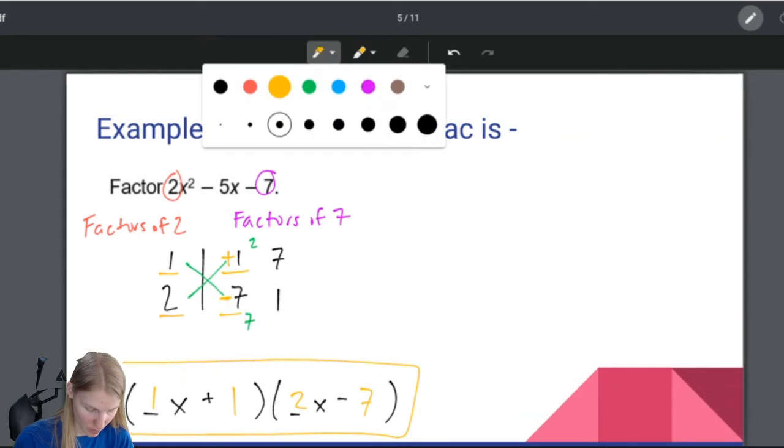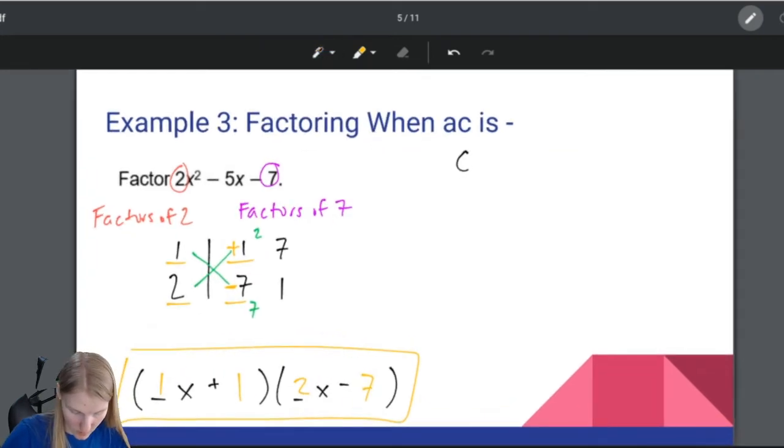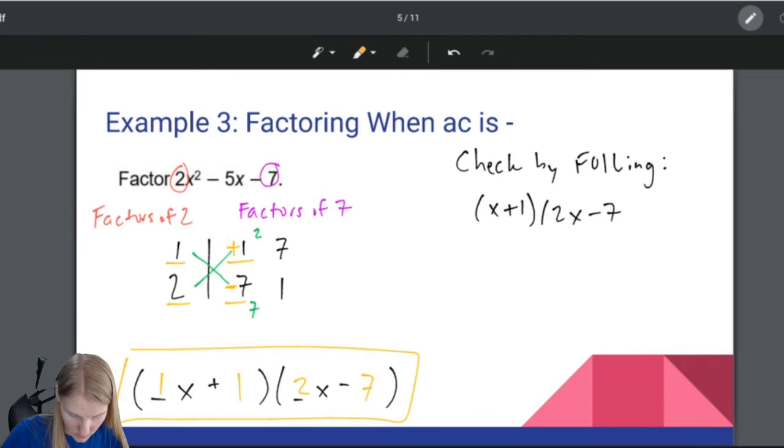We are going to check by foiling. So we have x plus 1 times 2x minus 7. Let's make sure. So first is 2x times x, which is 2x squared.